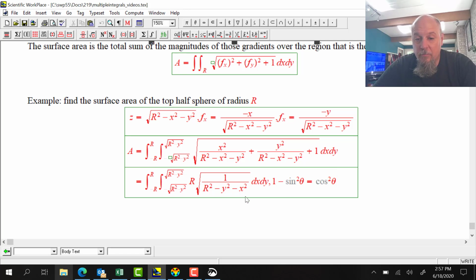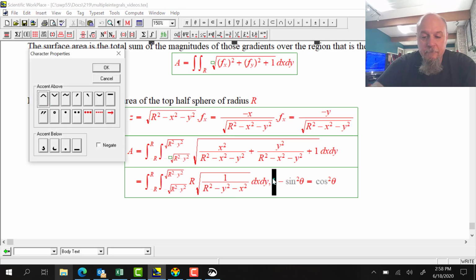Okay, I'm going to multiply both sides of this by the expression r squared minus y squared, which is a constant.